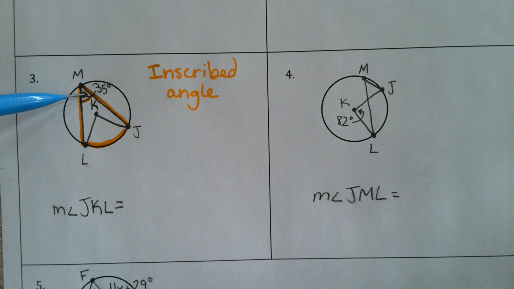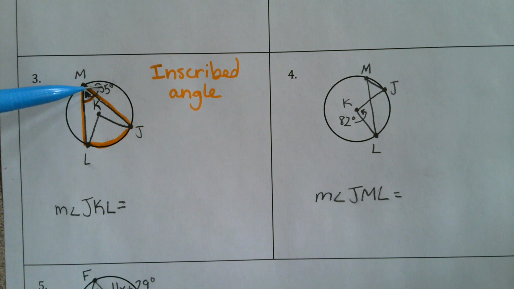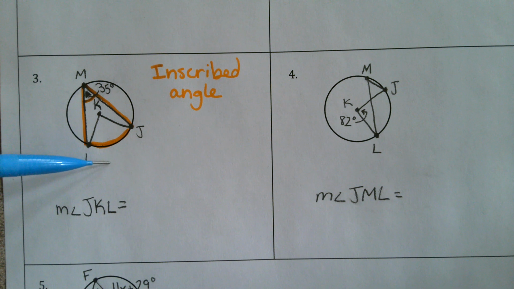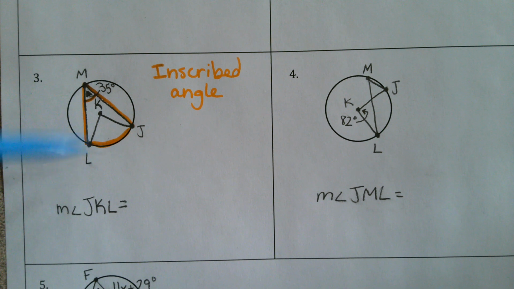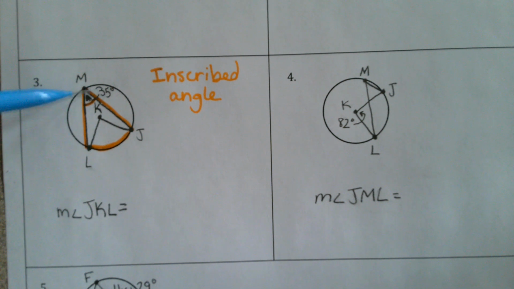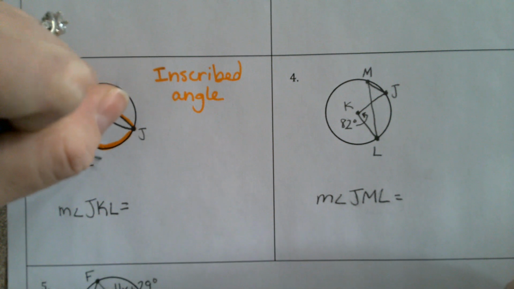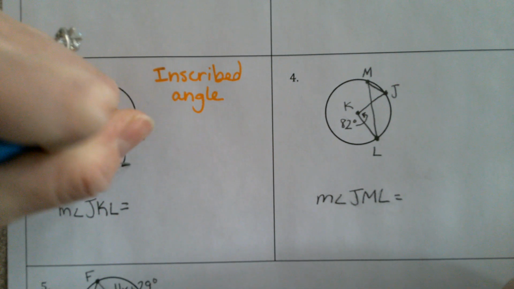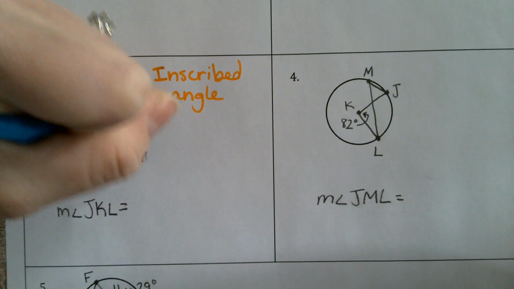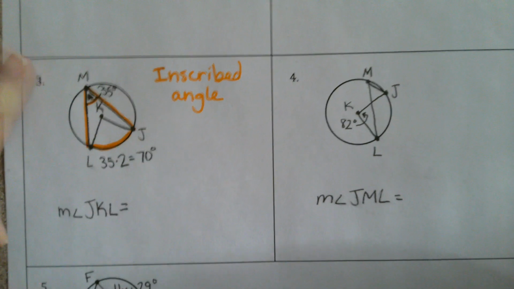Since we know the angle, and the angle is half of this, we need to double our angle in order to get back to our arc. So if we had the arc, we divide it by 2 to get the angle. To get back to that, we multiply by 2. So this arc is 35 times 2, which is 70 degrees. So this arc here is 70 degrees.